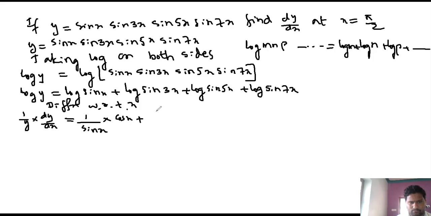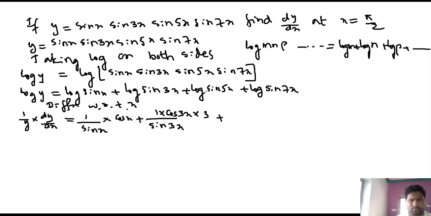Plus, here the derivative of log is 1 by sin 3x into the derivative of sin 3x, which is first cos 3x, then the derivative of 3x is 3.